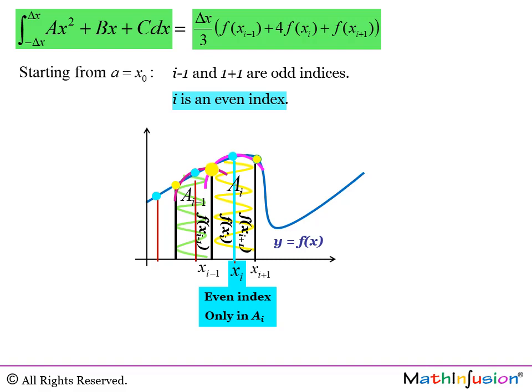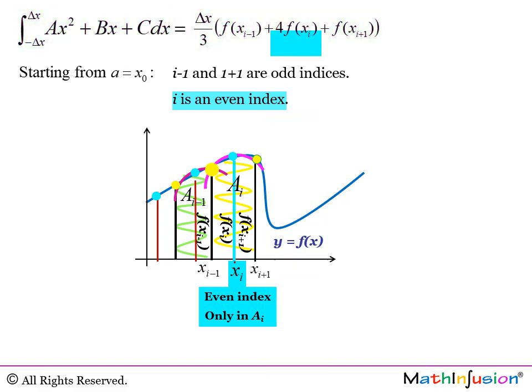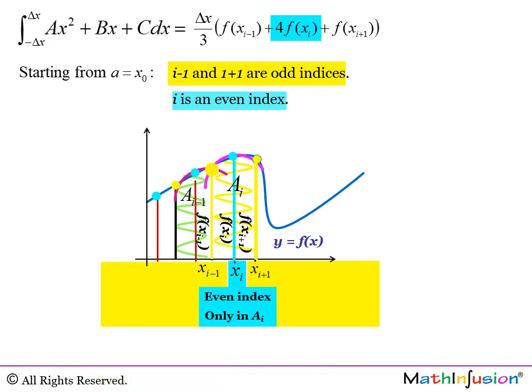This appears only in AI. But those two, if you pay attention, those guys are odd indices, but they are appearing twice. Once they are appearing in AI, and once they are appearing in AI minus 1. It means that this is going to appear 2 times, and this is going to appear 2 times.